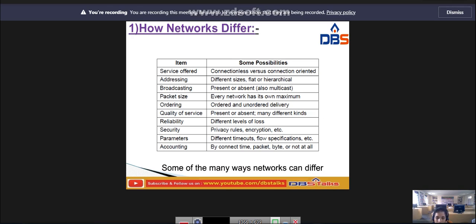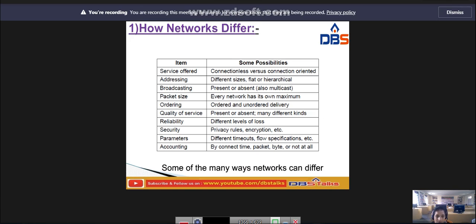Then security, with privacy rules, encryption, etc. Security means that whenever communication occurs between two devices, we have to provide security to avoid hackers. Some hackers will try to hack our data.